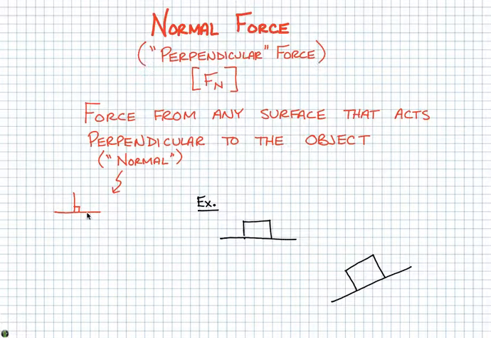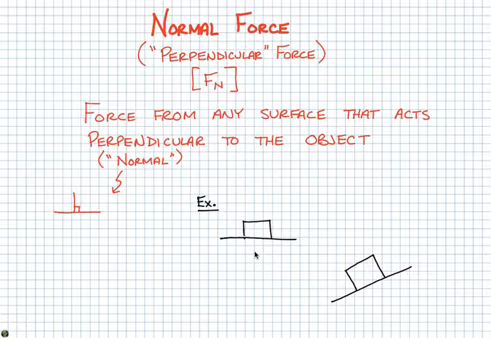So if you have a surface here, normal to that surface would be anything that is perpendicular. So if we take a look at this example here, we have an object that's resting on the table. We know that gravity pulls the object down into the table based on the force of weight. We also know from Newton's third law that if the block pushes on the table, the table must therefore push on the block.